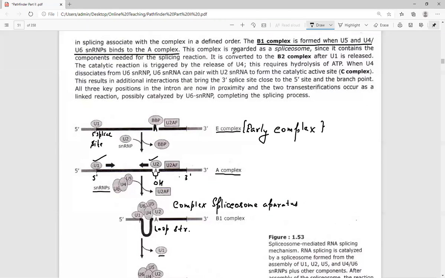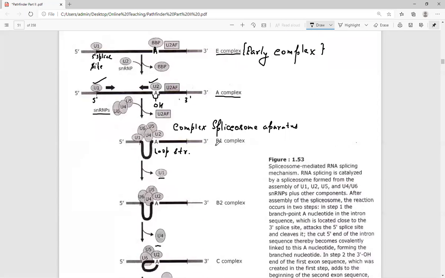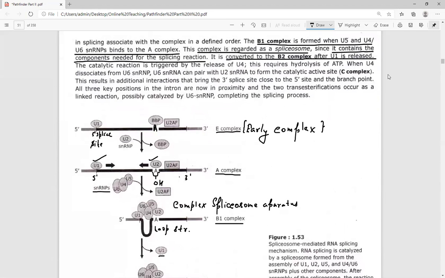This complex is regulated by another class of proteins, referred to as spliceosome proteins, since they contain the components necessary for the splicing reaction to take place. It is converted to the B2 complex after U1 is released. So the B1 complex gets converted into the B2 complex.